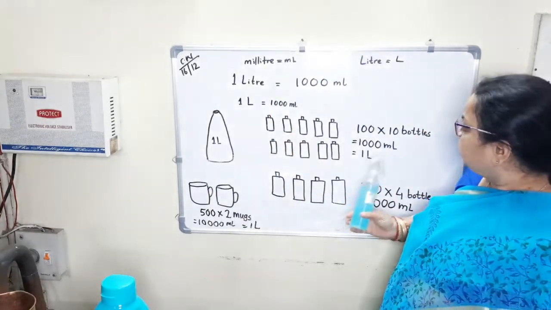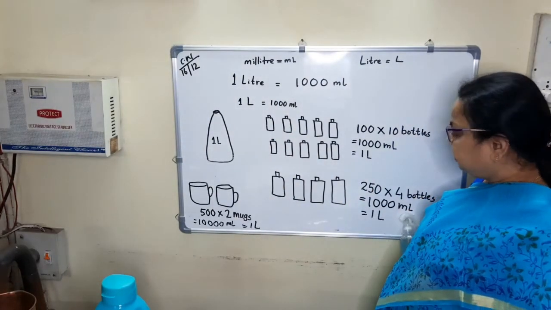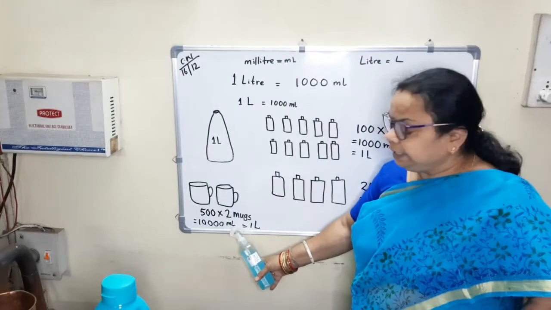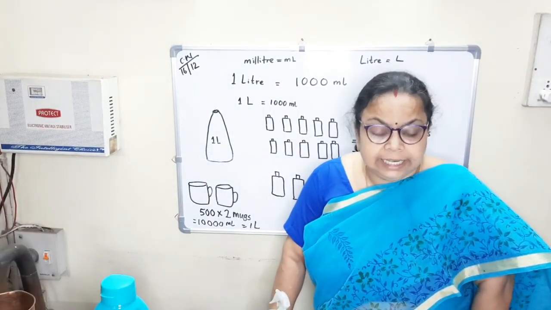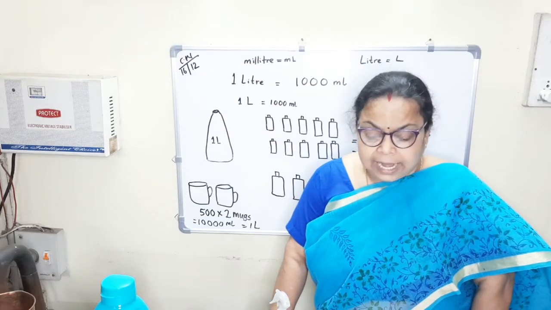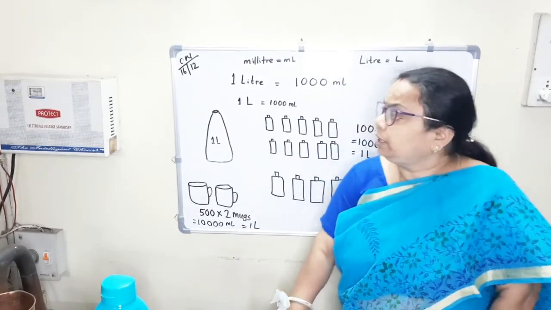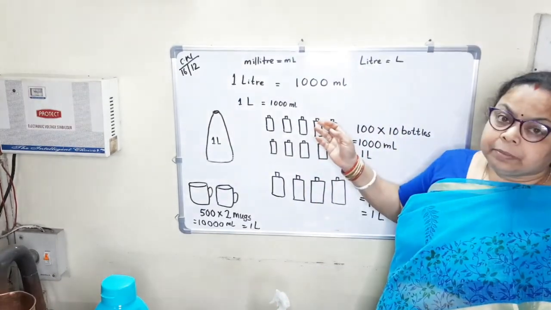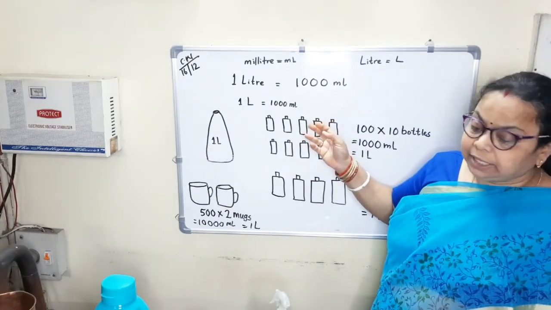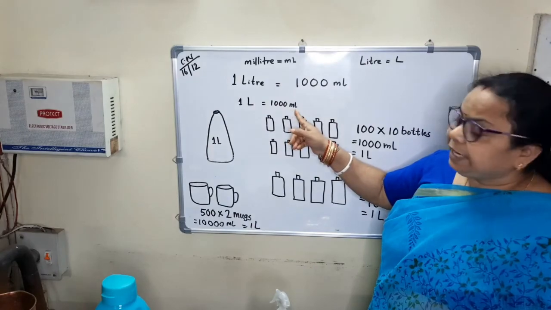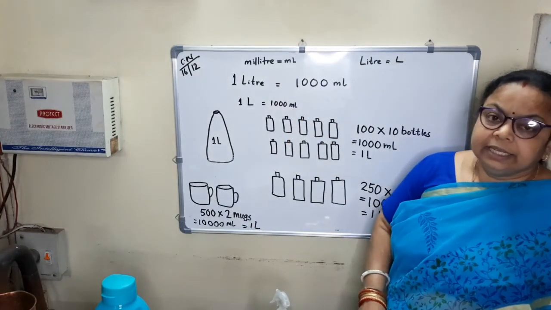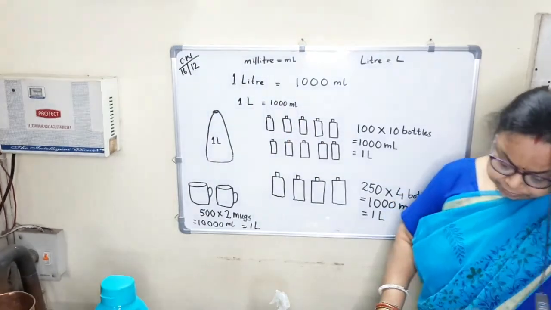You see milliliter, you see liter. The standard unit of capacity is liter, and the smaller measure is milliliter, ml. Okay, thank you.